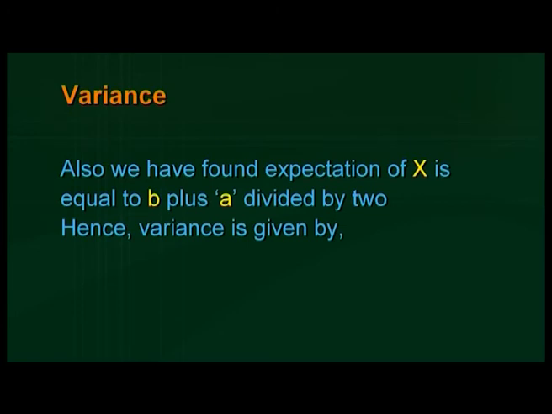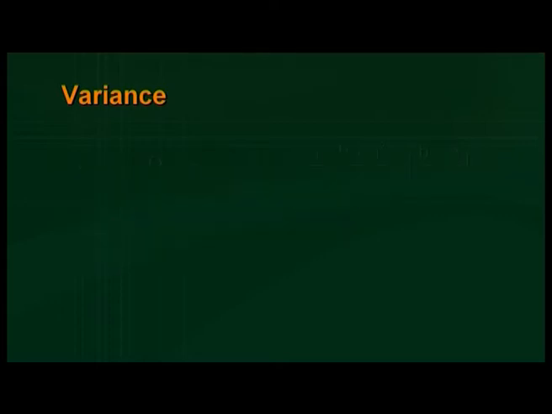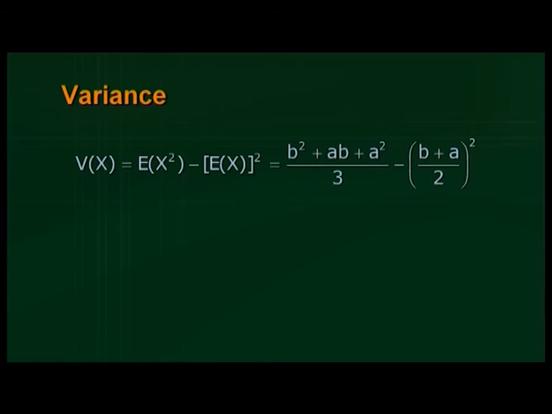Also, we have found expectation of x is equal to b plus a divided by 2. Hence, variance is given by variance of x is equal to expectation of x square minus expectation of x the whole square. By substituting, we get b square plus a into b plus a square divided by 3 minus b plus a divided by 2 the whole square.